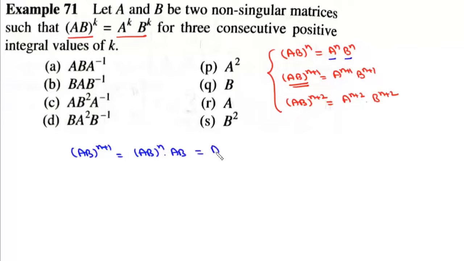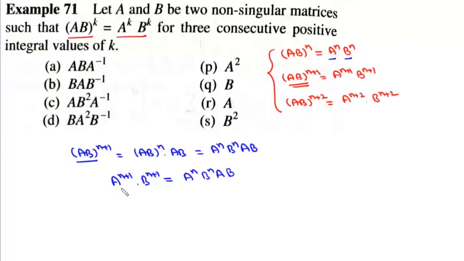So we can write this as A to the power n into B to the power n into AB. Now this is A to the power n plus 1, B to the power n plus 1. So we can write A to the power n plus 1 into B to the power n plus 1 will be equal to A to the power n B to the power n into A into B.